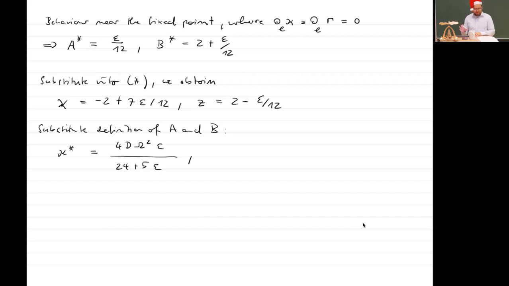So everything I'm doing right now is not complicated mathematics. It's just algebra. Gamma star is 2d times 24 plus epsilon over 24 plus 5 epsilon, times epsilon tau over kd. Okay, so this is our fixed point. And in the next step, we linearize around our fixed point.